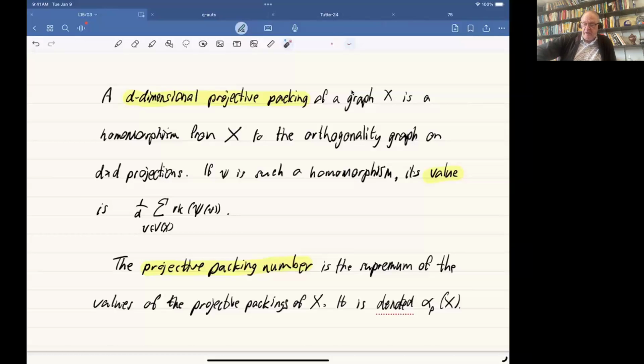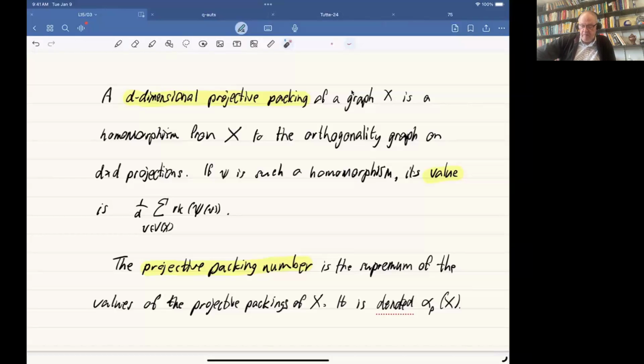We're not assuming that the projections have the same rank. If the projections had the same rank, I would be talking about Grassmann graphs again, because the Grassmann graph is the orthogonality graph on d by d projections of rank r for some r. But we're dropping the restriction, so the rank can be whatever it wants to be.